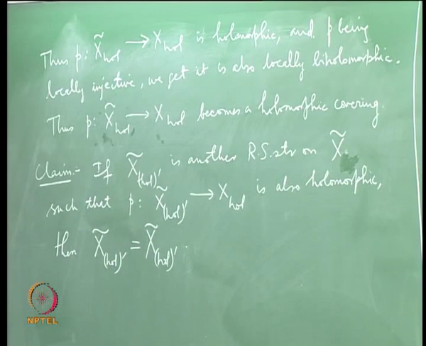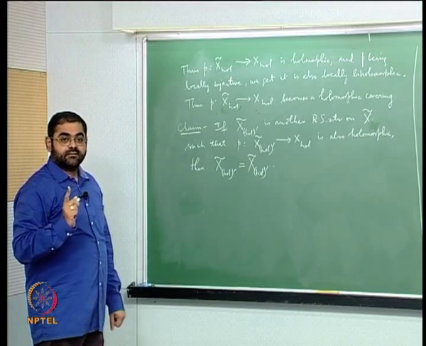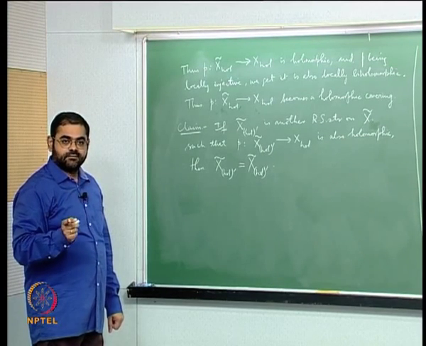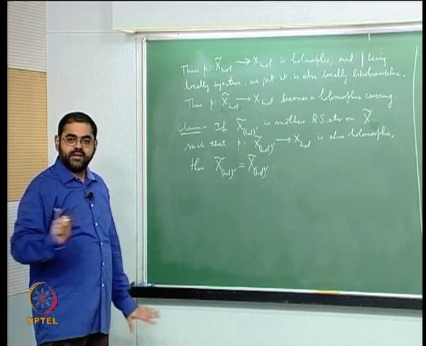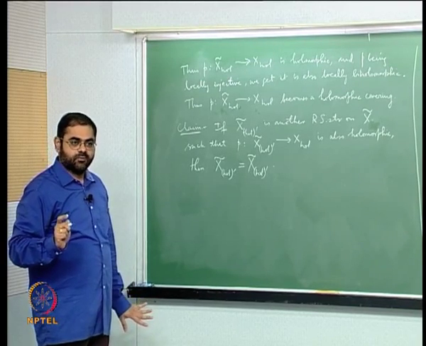In other words, there is only one Riemann surface structure on X tilde which makes P holomorphic. There is a unique Riemann surface structure on X tilde that makes P holomorphic.